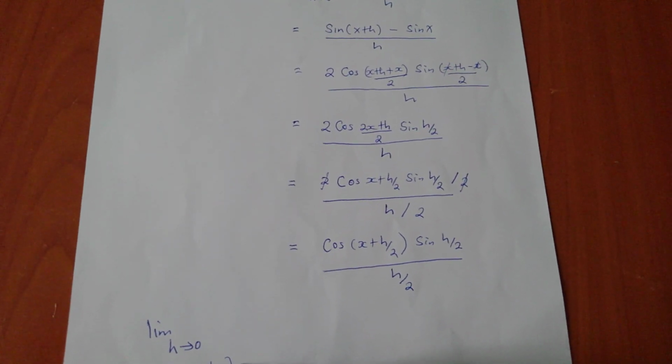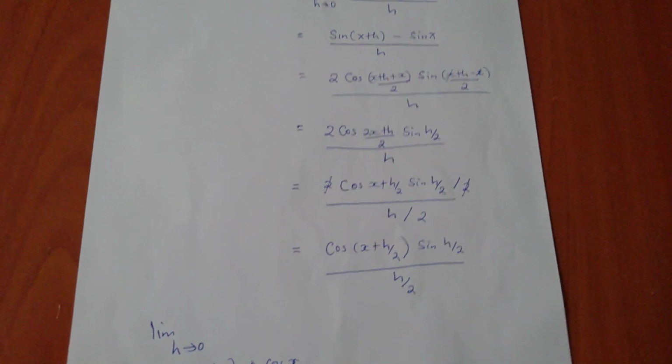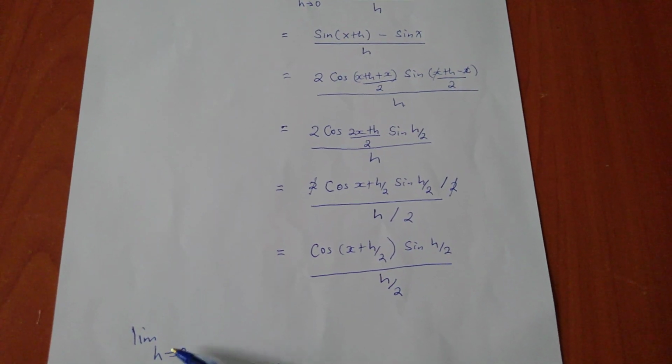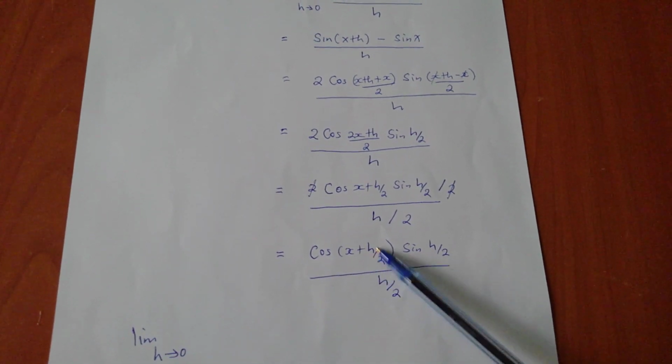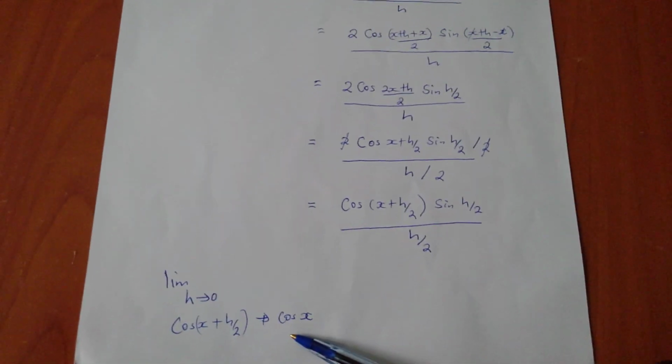This one will tend to cos x, that if I substitute h tending to 0 into this, I'll just get cos x.